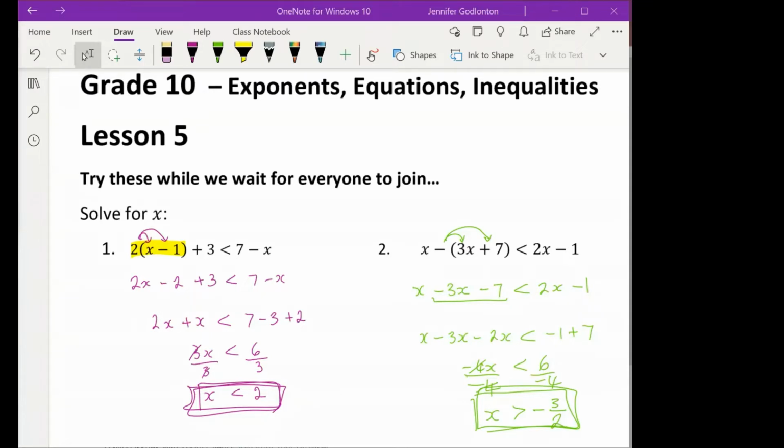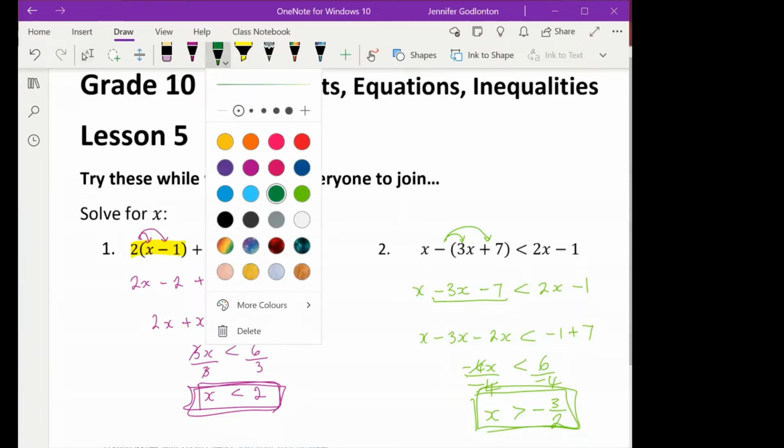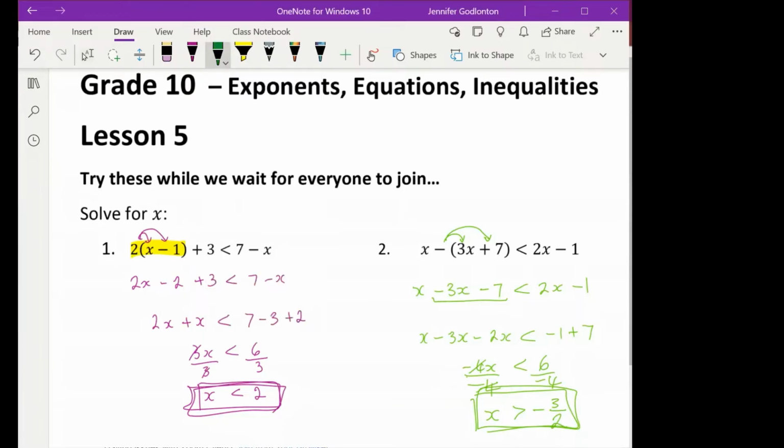Yes. Because in an inequality, at the moment I've got negative 4x is less than 6. If I move that onto the other side and I move this onto the other side, I would get negative 6 and my 4x would be over here.